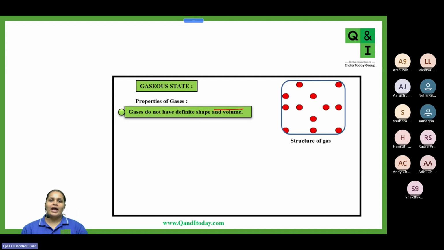As in case of solids, they had fixed shape and fixed volume. Liquids, no fixed shape, but yes, fixed volume. But gases don't have either. They don't have either definite shape or definite volume.